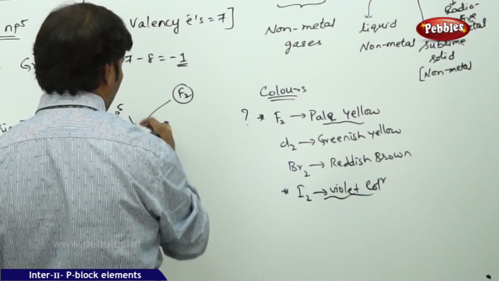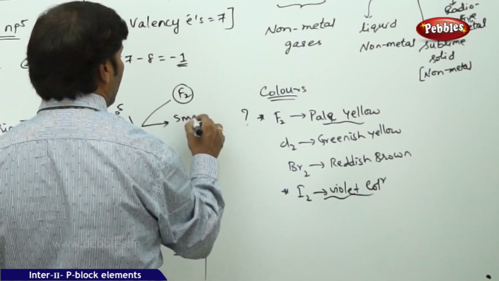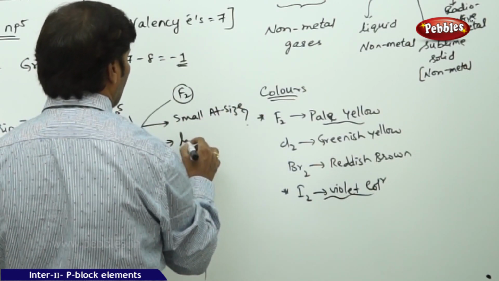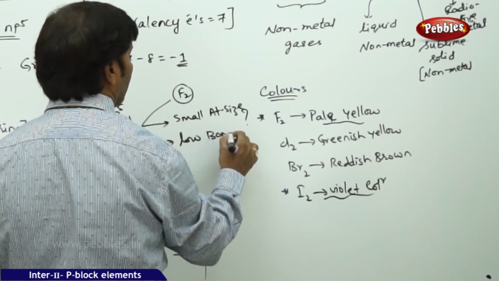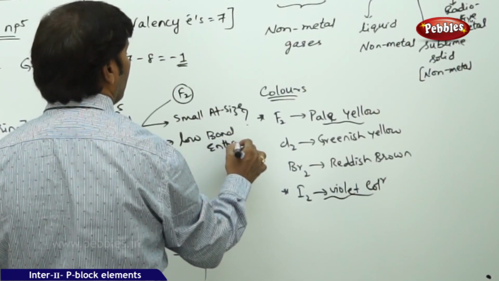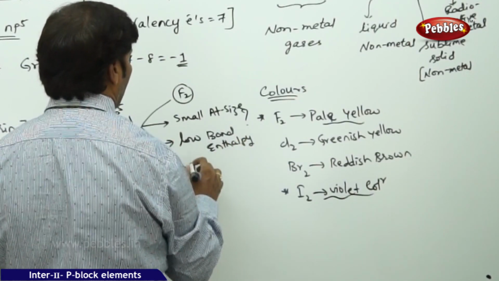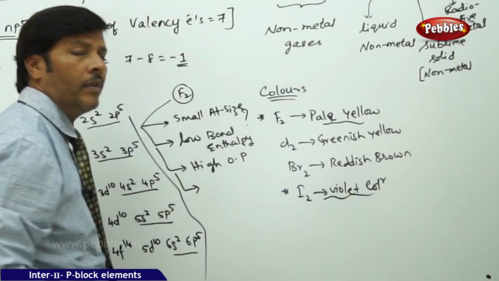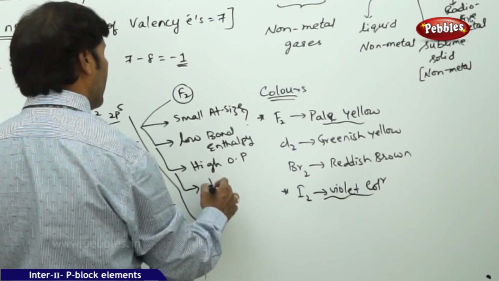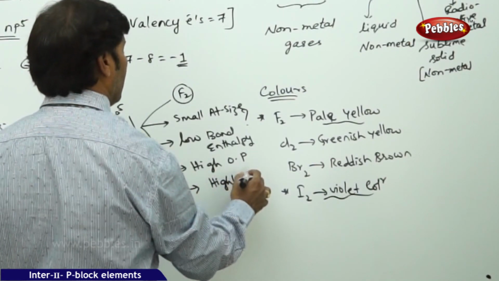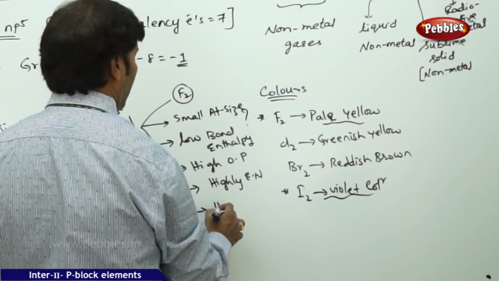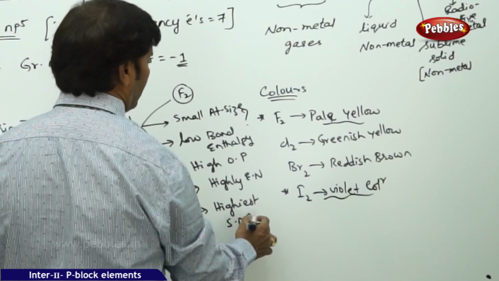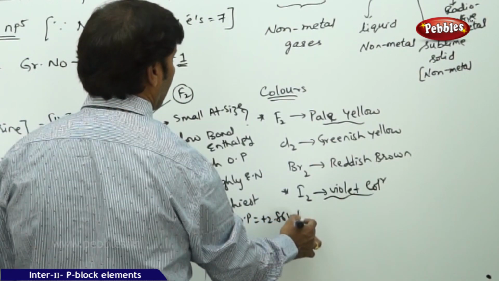Fluorine has a smaller atomic size, low bond enthalpy, high oxidizing power, it is highly electronegative, and it has the highest standard oxidation potential, equal to plus 2.86 volts.